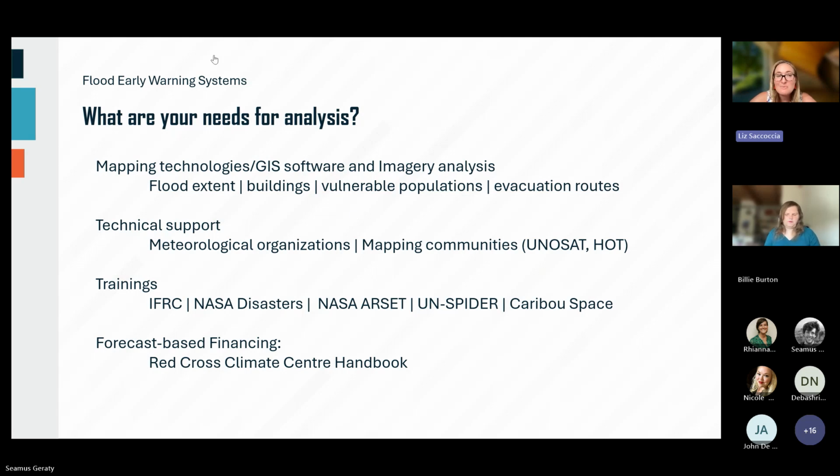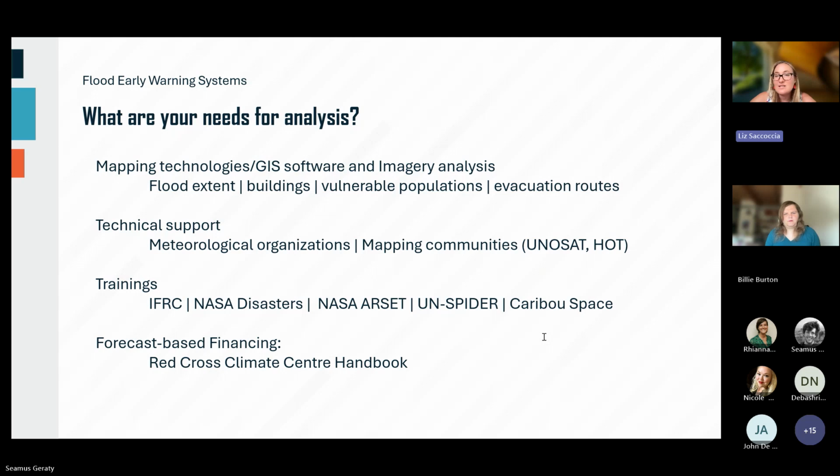NASA RSET program offers training on satellite-derived data, flood forecasting, and then UN-SPIDER also has a training on flood hazard assessment, and Caribou Space also has a module on geospatial data for flood prevention. So there's so many resources there to get into this.